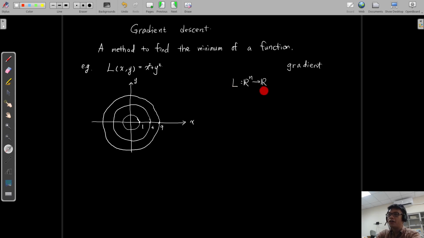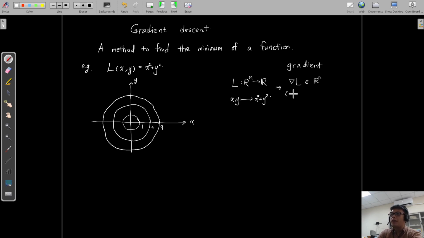If we have a function like this, for example, sending x and y to x squared plus y squared, its gradient is denoted by nabla L, or gradient L. It's an upside-down triangle, and it is a vector in Rn. Okay, it will have n entries.